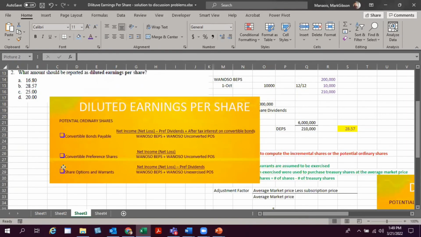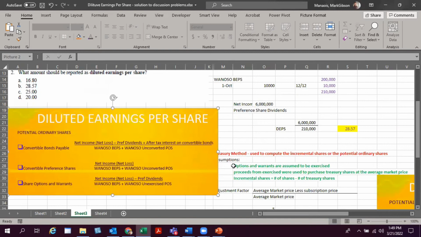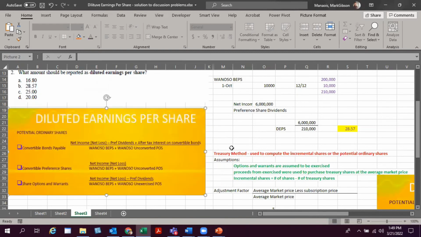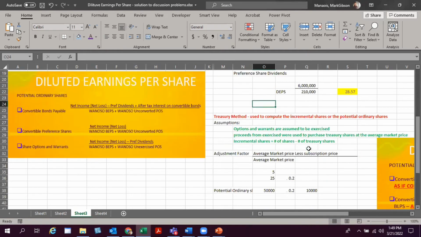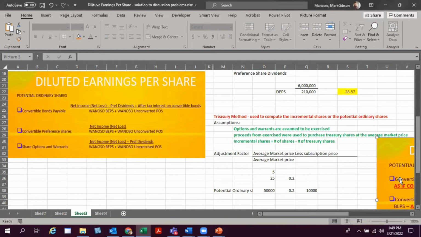In diluted earnings per share, we have to account for the treasury stock method. This is used to compute the incremental shares or potential ordinary shares. There are different assumptions. Number 1, options and warrants are assumed to be exercised.